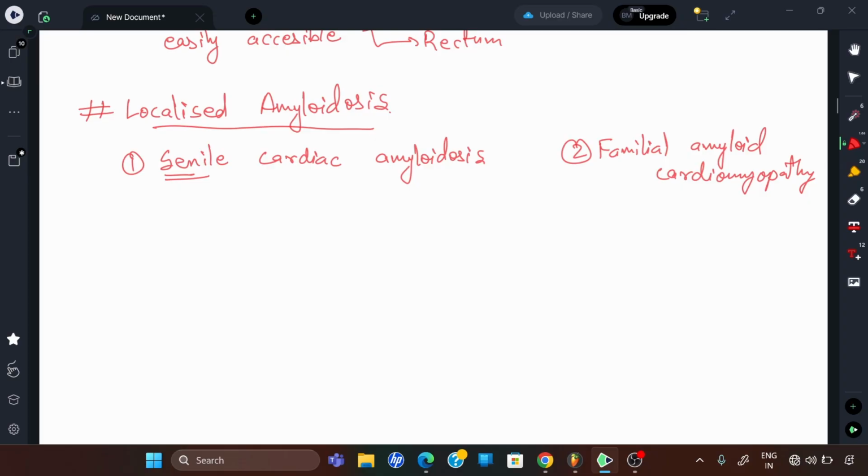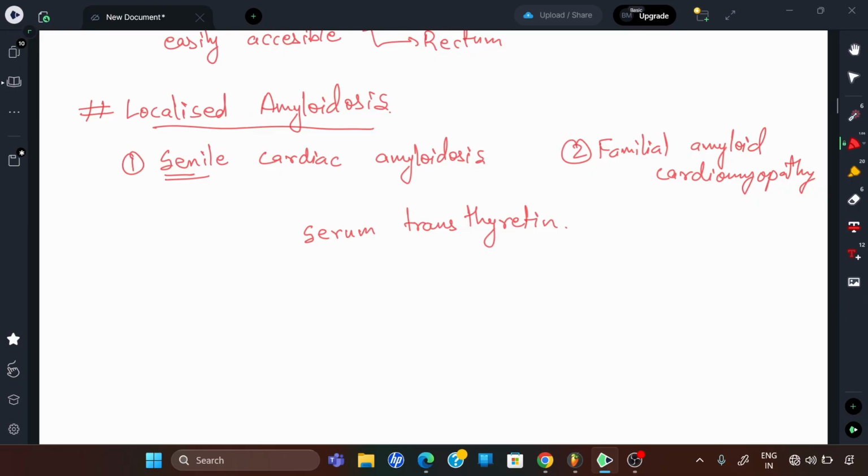Now what happens here, you have something called serum transthyretin. This is the second most common protein present in blood.